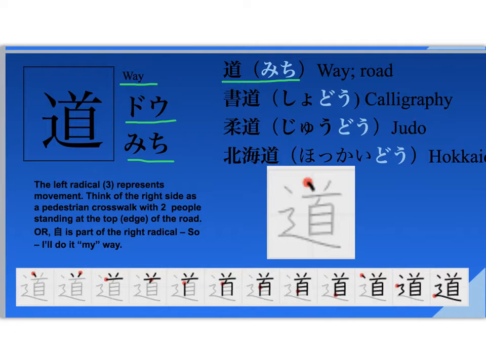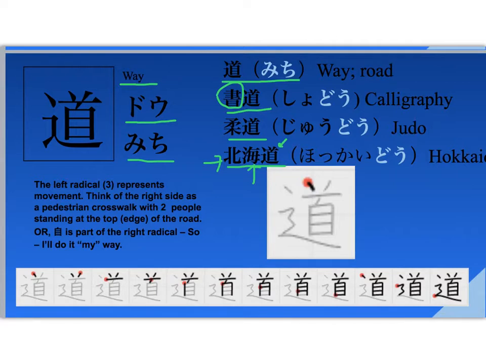And here then you see stuff like shodo, which is the way of writing, meaning calligraphy. You have judo, right? And then you have Hokkaido, which means the northern ocean way or path for Hokkaido.